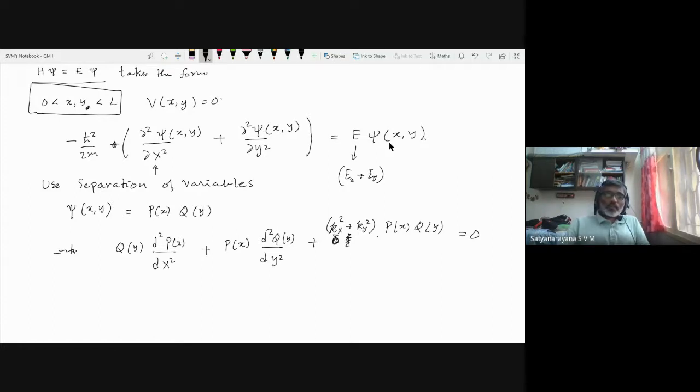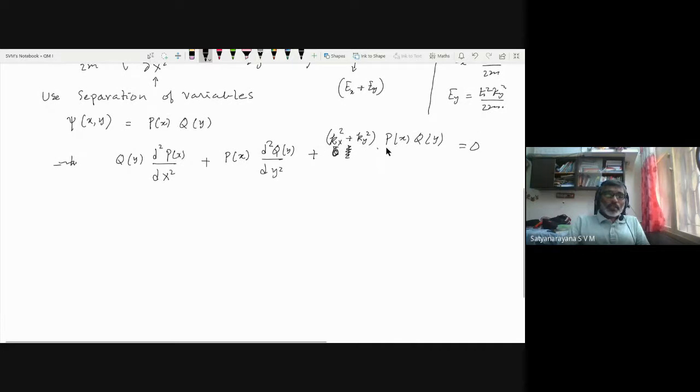So here, Ex is equal to h bar square kx square by 2m. Similarly, Ey is equal to h bar square ky square by 2m.